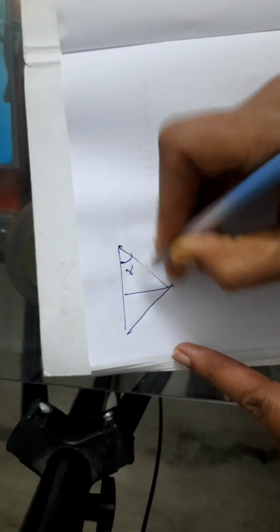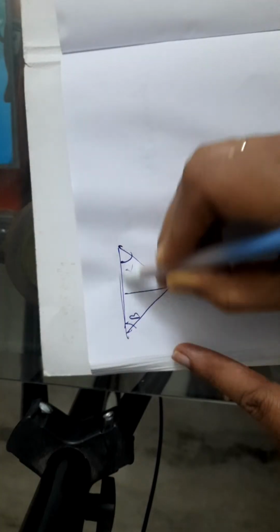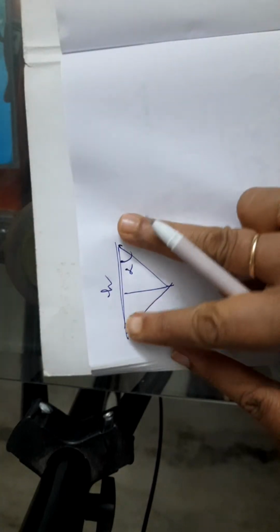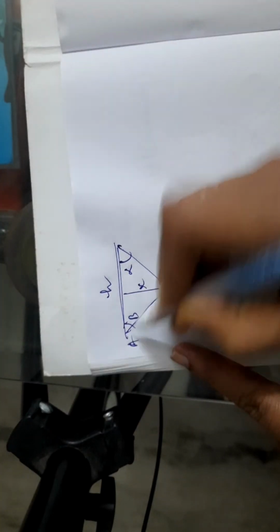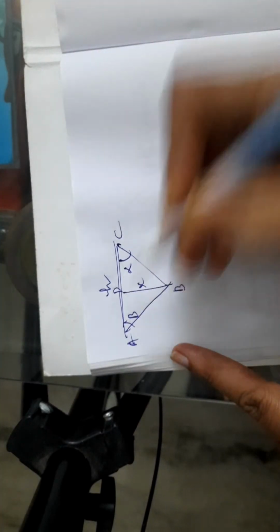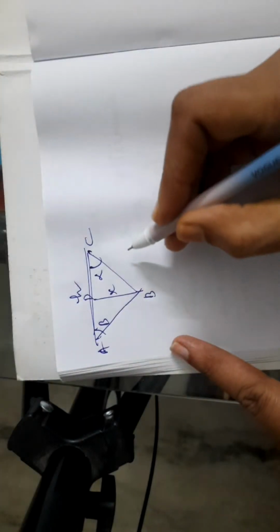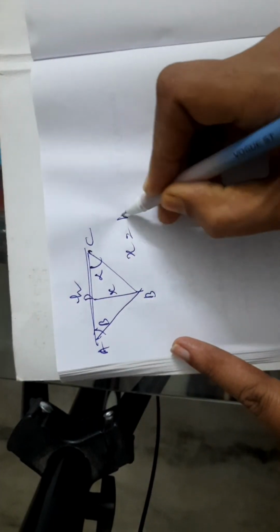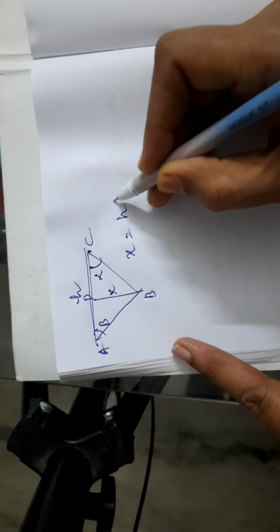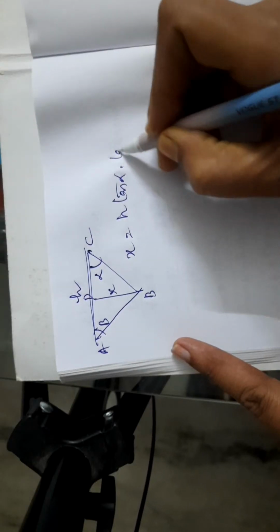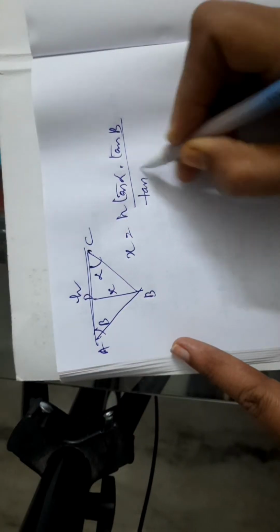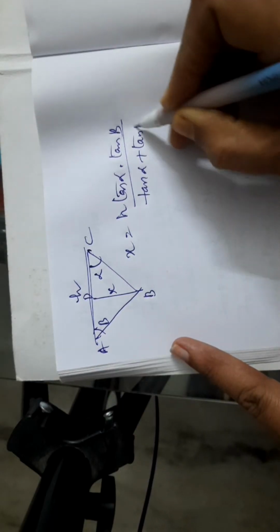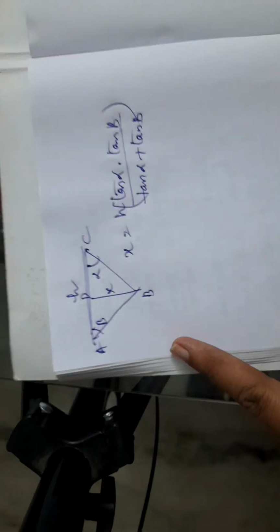One angle is alpha, the other is beta. The complete length of the bridge is H. Consider this to be X. Then labeling the triangle, we need to prove X is equal to H tan alpha tan beta whole divided by tan alpha plus tan beta.